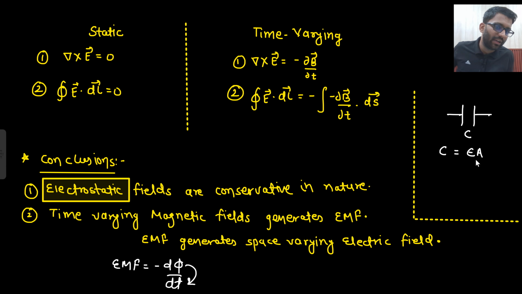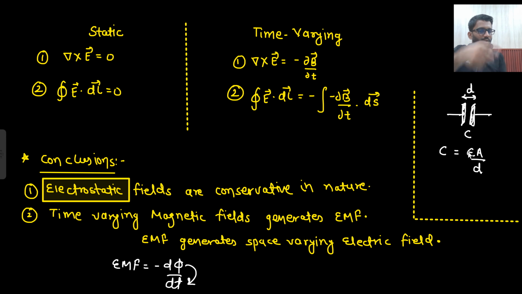Epsilon A by D, where A is the cross-section area of these plates. These plates are shown by a line, but they actually have some cross-section area. D is the distance between these two plates. So capacitance is given by epsilon A by D.